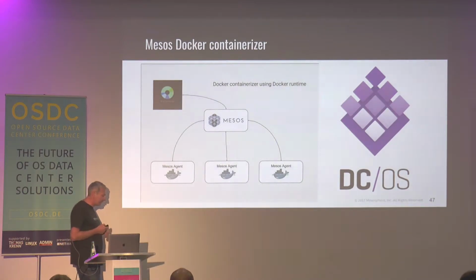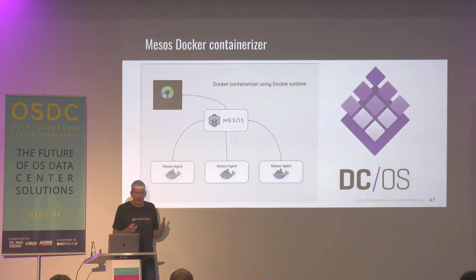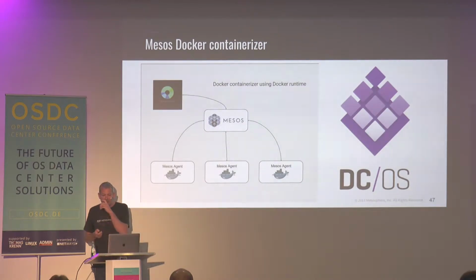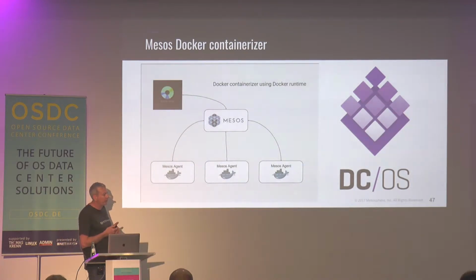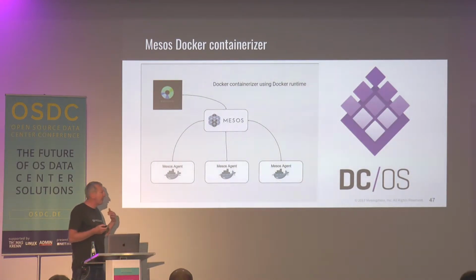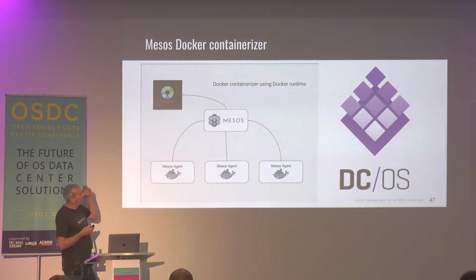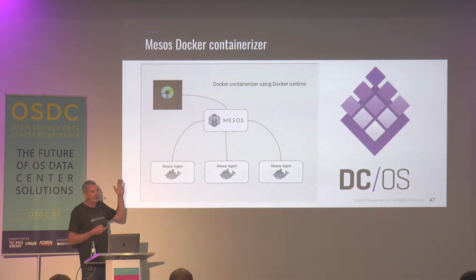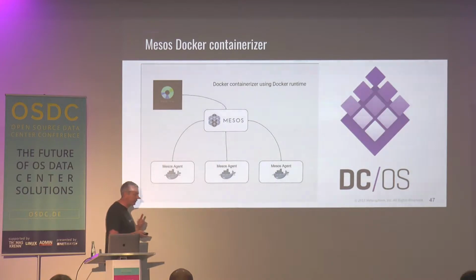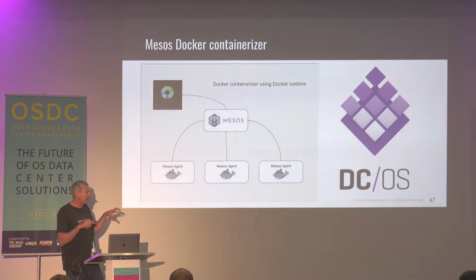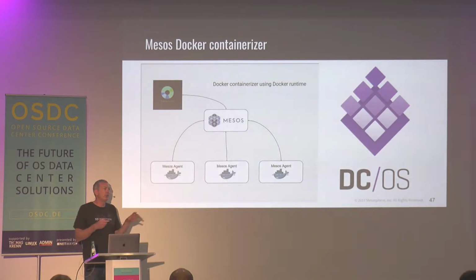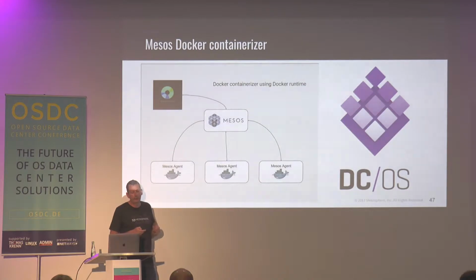Most people are more familiar, in container terminology, with running Docker containers, and so DCOS provides a whole range of ways that we can run Docker containers. Mesos has this concept of different containerizers, and this is because of predating some of the newer stuff; Mesos has always had the idea that you could plug in different ways of containerizing applications.